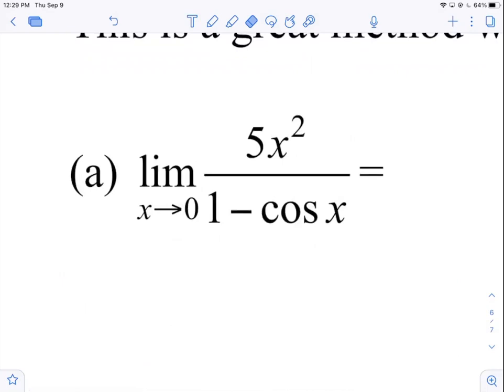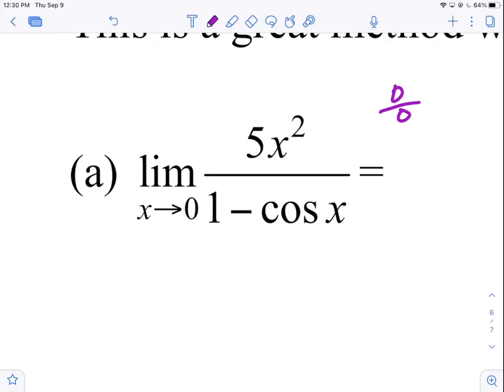The limit as x goes to 0 of 5x squared over 1 minus cosine of x. We've learned our lesson: never direct substitution first. I get 0 over 0. Hey, look, we've kind of memorized something like this with an x and a 1 minus cosine, right?